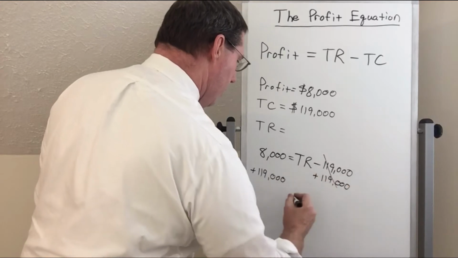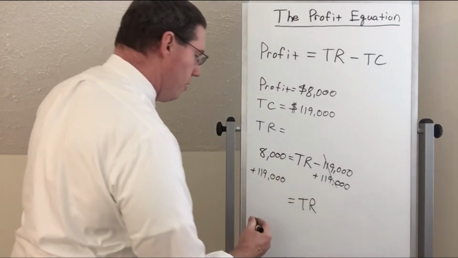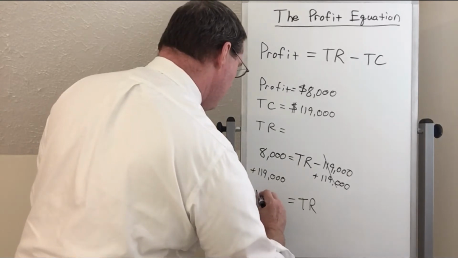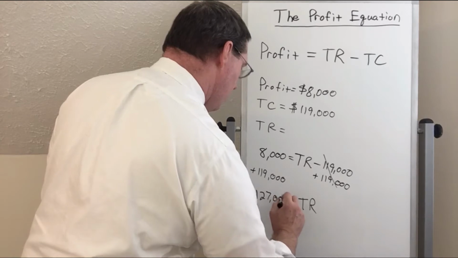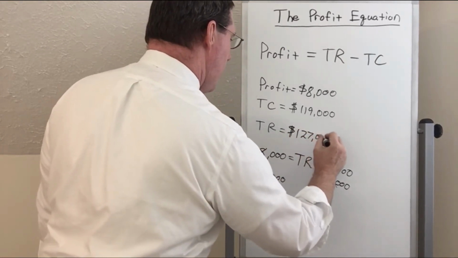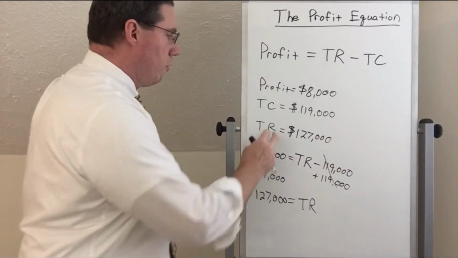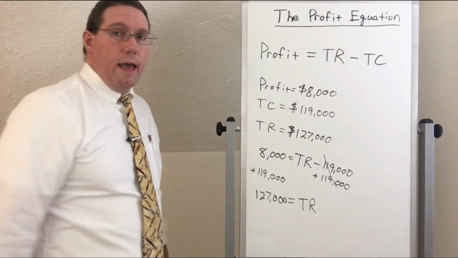That's going to cancel over here, bring down the equal sign, so total revenue is equal to 8,000 plus 119,000, and that is going to be $127,000. Okay, and so total revenue would be $127,000, and you can check your answer by doing total revenue minus total cost. 127,000 minus 119,000 is 8,000.